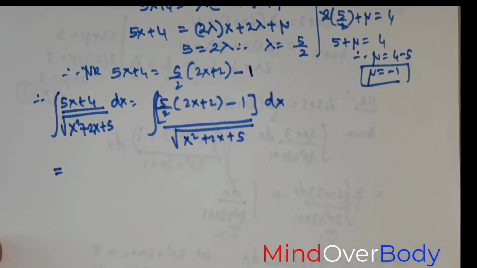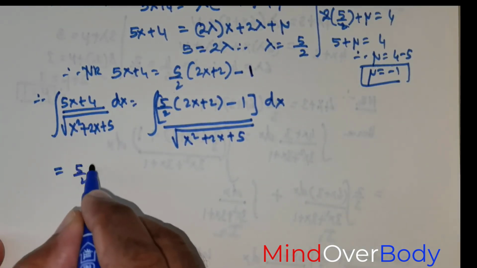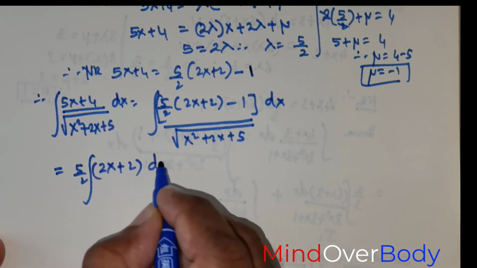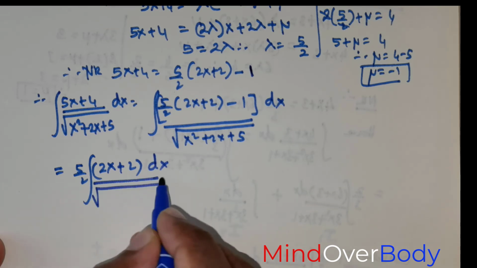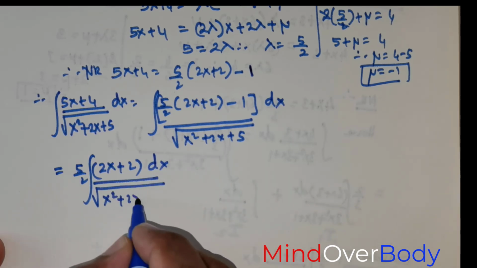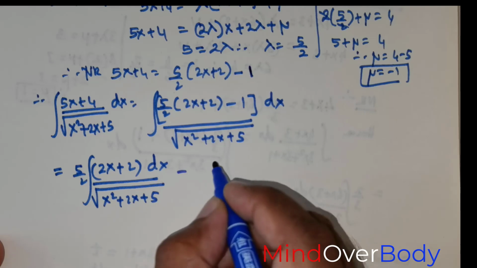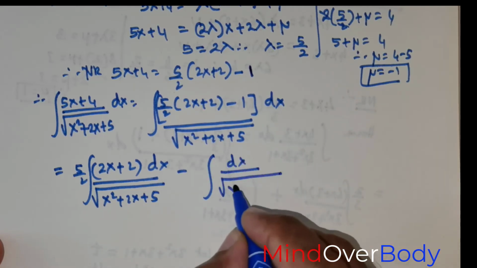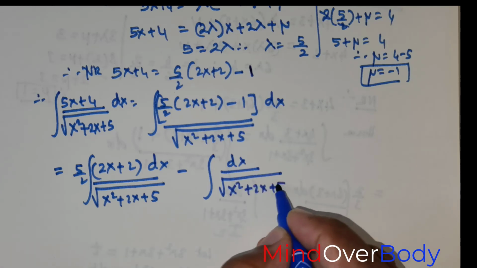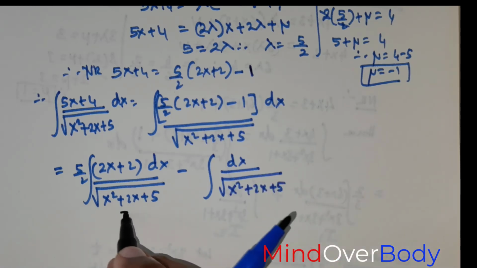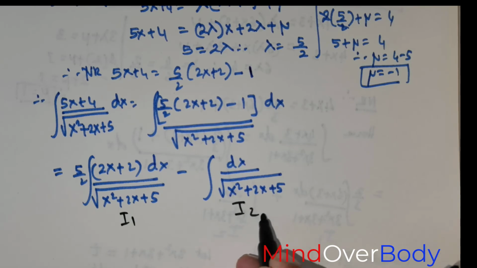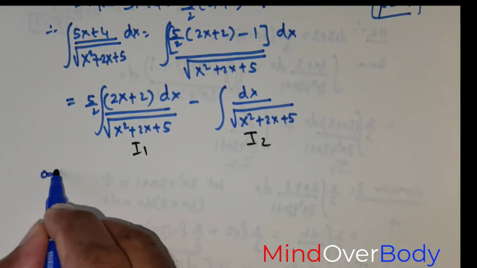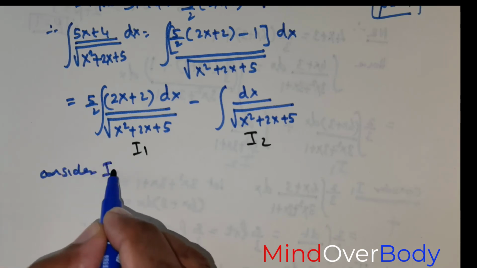This is equal to 5 over 2 times the integral of 2 times x plus 2 times dx over the square root of x squared plus 2x plus 5, minus the integral of dx over the square root of x squared plus 2x plus 5. We can take this as integral 1 and integral 2, and start by considering I1.